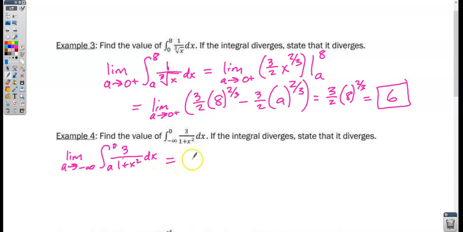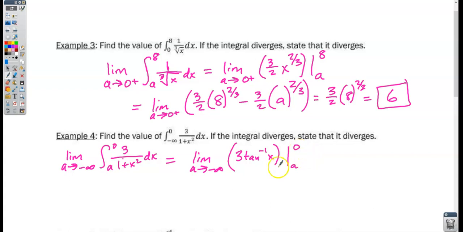I find my antiderivative, so this will become the limit as a goes to negative infinity of, and the antiderivative of 3 over the quantity 1 plus x squared dx is 3 arctangent of x, which we're going to evaluate from a to 0.